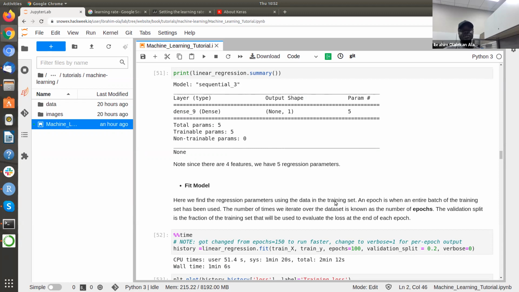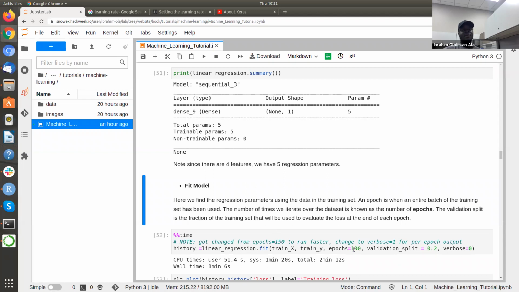Using the data in the training set, it is very important to just use the training set and not the test set. And an epoch is when the entire training set has been used. As I mentioned earlier, we often start from a higher error and then we try to move down to the lower error. The number of times we do that, or the number of steps we take, is called the epoch.